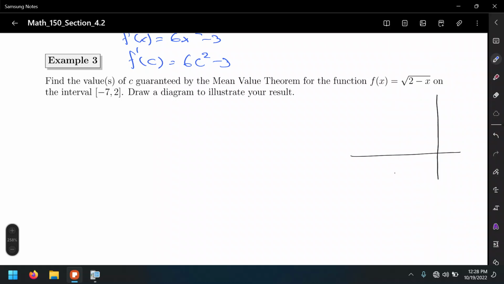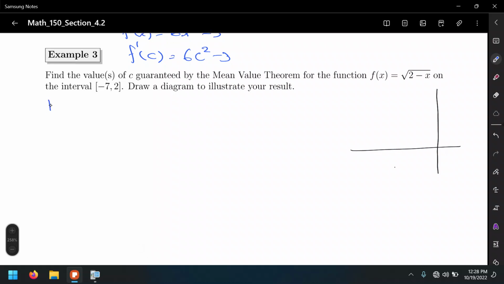That's true. So, number 1, since this function is no longer a polynomial, it would be a good idea to find the domain of the function. To find the domain of a radical function, we set the radicand 2 minus x greater than or equal to 0, negative x greater than or equal to -2, and to get x by itself, we need to divide both sides by -1.